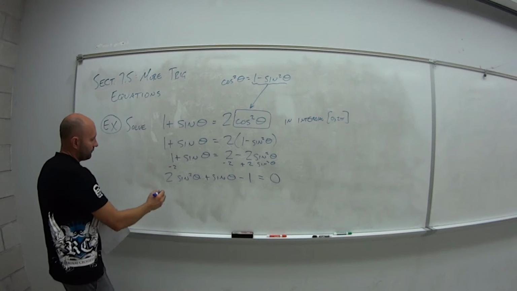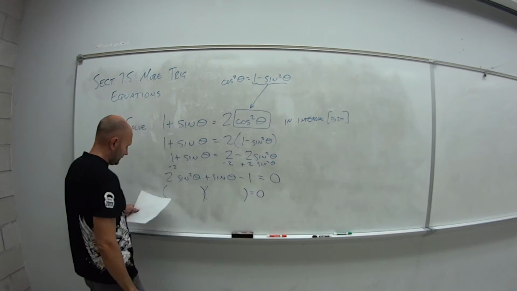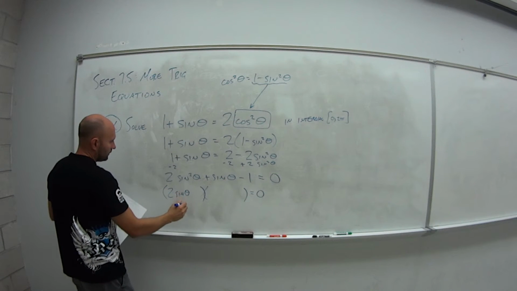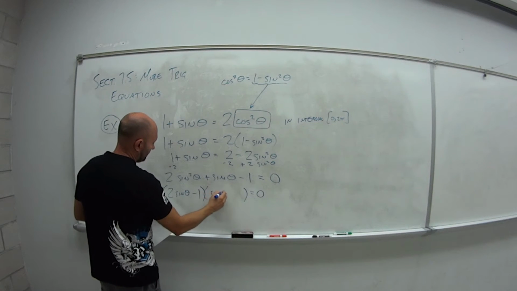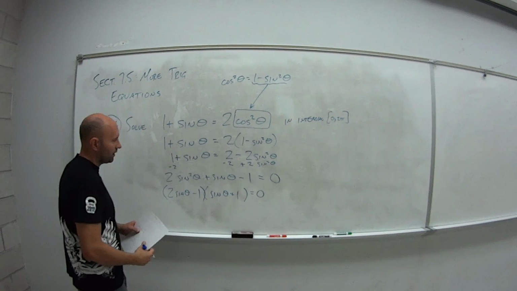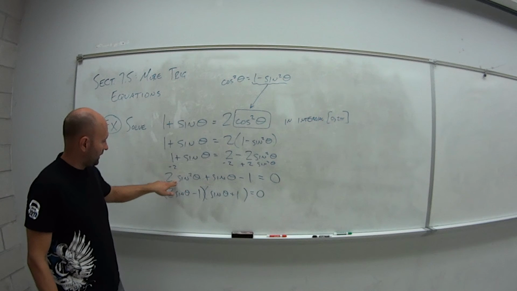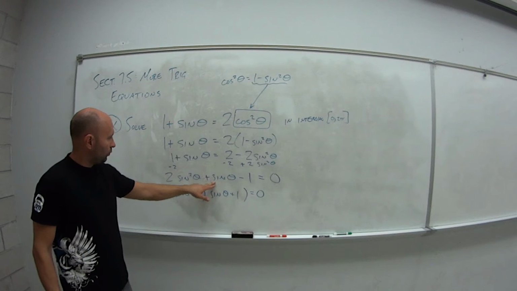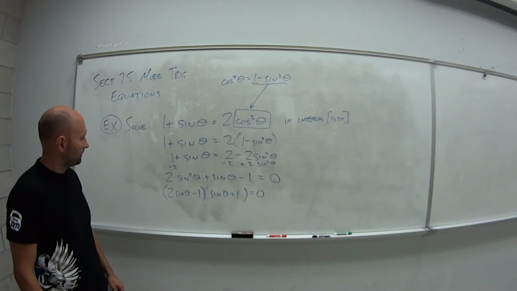If we factor this portion, we get 2 sine of theta minus 1 and sine of theta plus 1. And again, you can check, just FOIL it. 2 sine of theta times sine of theta is 2 sine squared. 2 minus 1 is 1. And then negative 1 times positive 1 is negative 1.